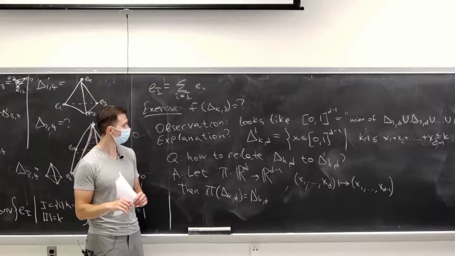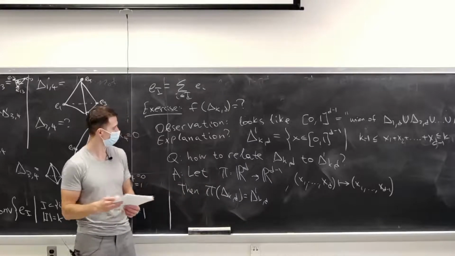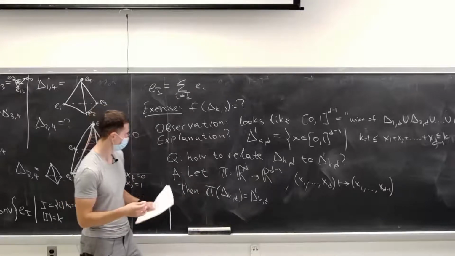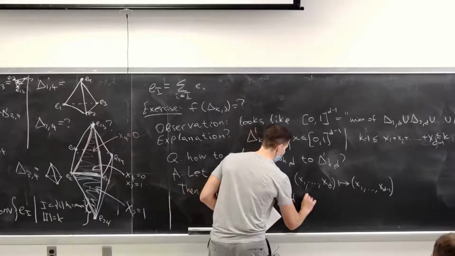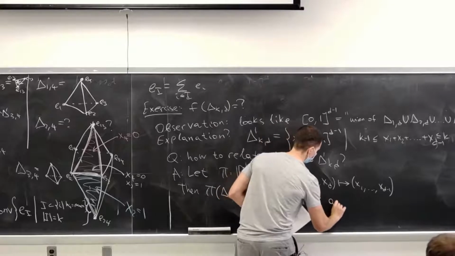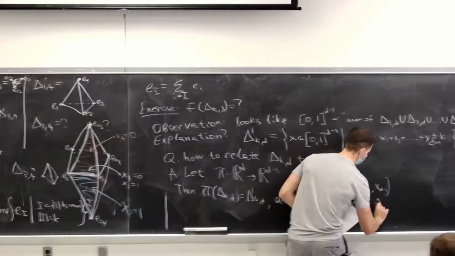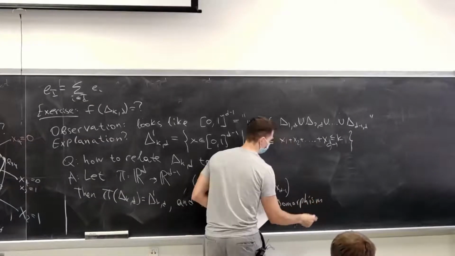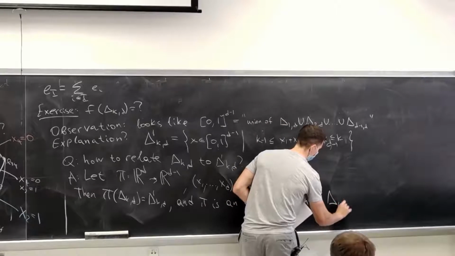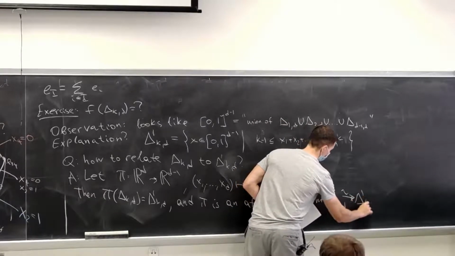Okay. Yeah, that's nice. So you're saying it's an affine map. It's a bijective affine map, which is the definition. And pi is what we call an affine isomorphism from delta kd to delta prime kd.